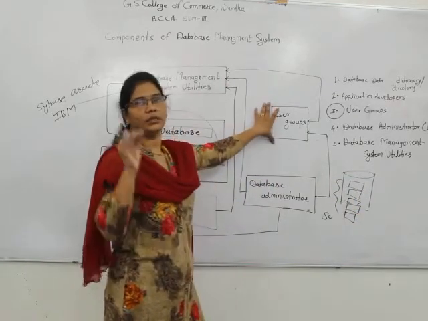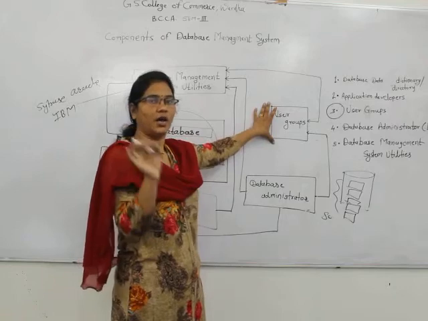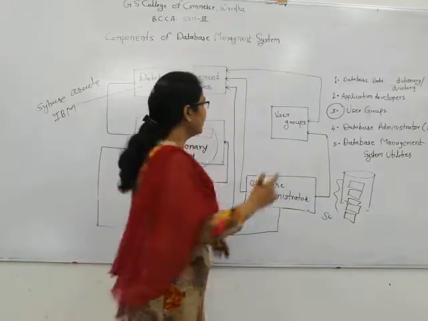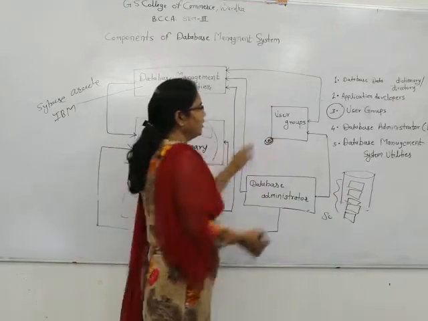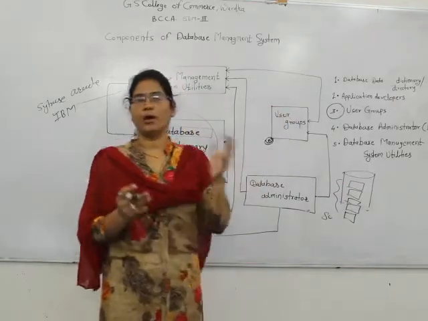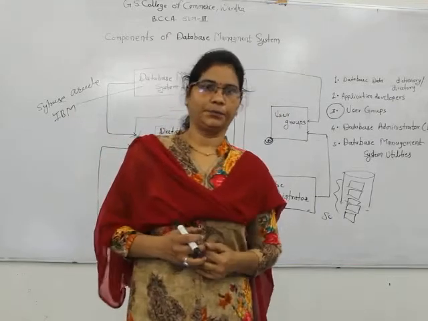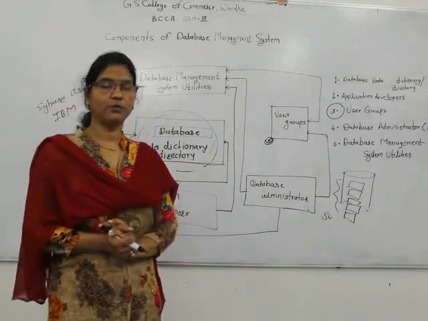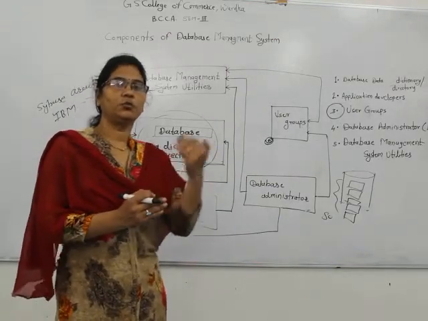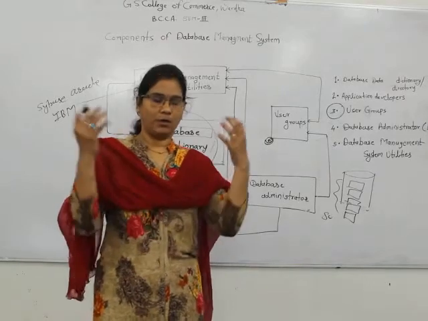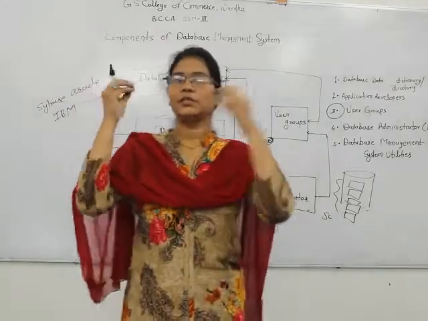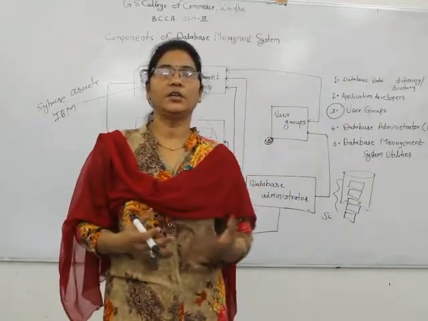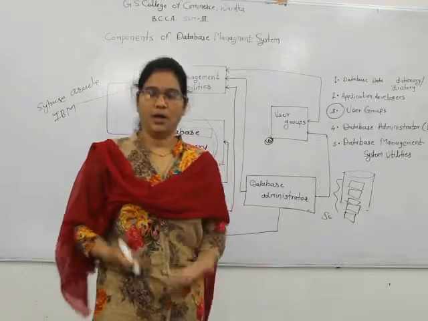The user group is the end user who uses our application at the end. So basically, according to those user groups, we have to design our system. Those are the components of the database. By keeping these components in mind, we create an efficient and effective database for our application.